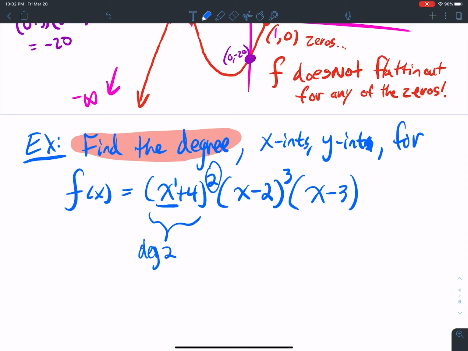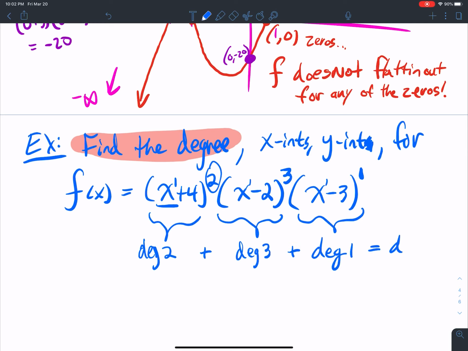If I look at this next one here, this is x to the 1, and it's cubed, so that's a degree 3. Okay, now look at this term here, and that's degree 1. So there's x to the 1, so that's just a degree 1 term. Now degree 2, a degree 3, and a degree 1 add up to degree 6.